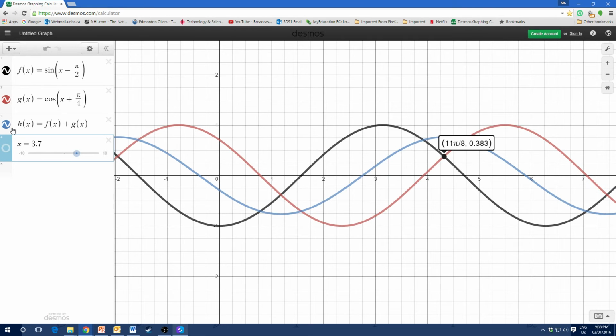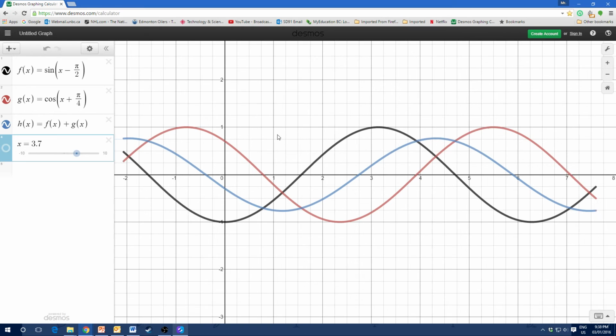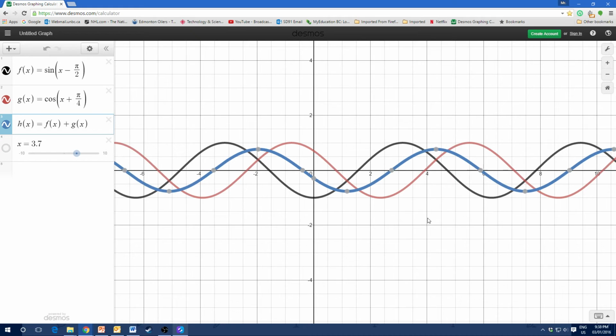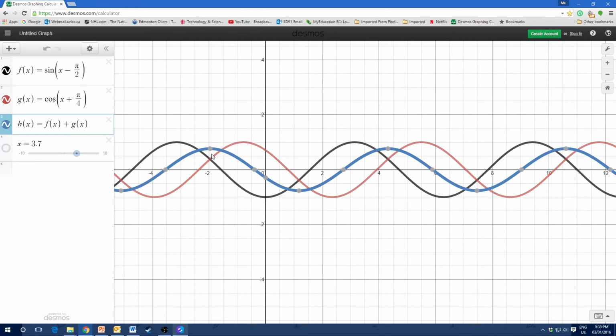So plot h of x. There we go. h of x is the blue wave. As you can see, the blue wave is actually smaller than either of the two. It never gets higher than f of x and never gets lower than f of x, while at the same time it never gets higher than g of x, never gets lower than g of x either.